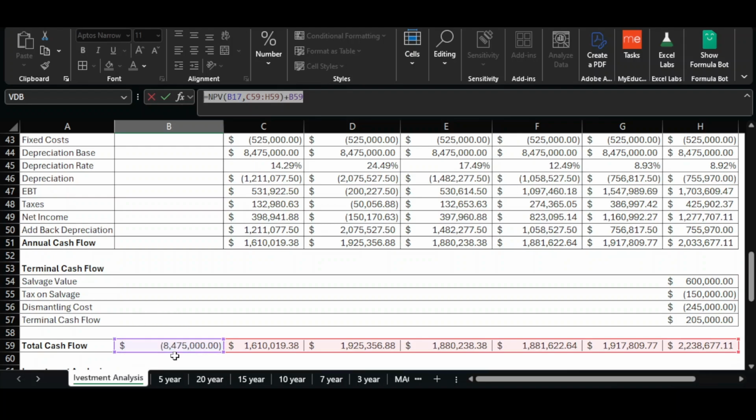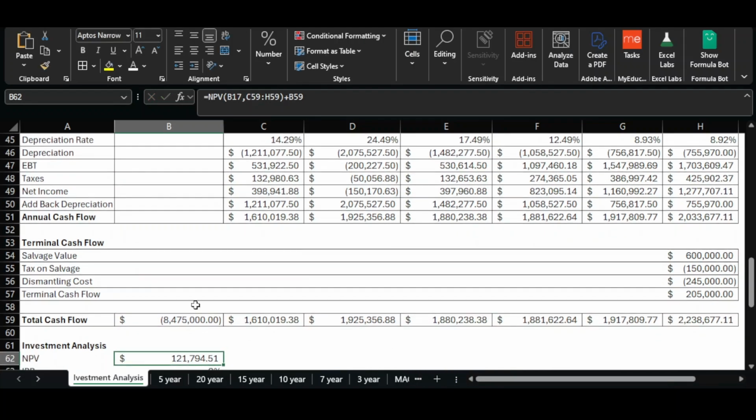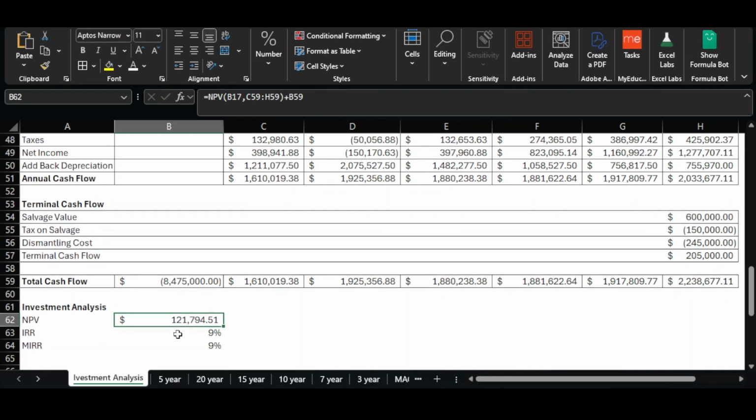Okay, and it's always negative because you're investing at year 0. And you should get 121K approximately of NPV. So the investment is actually about this worth at the moment you decide on the investment, and it is good.